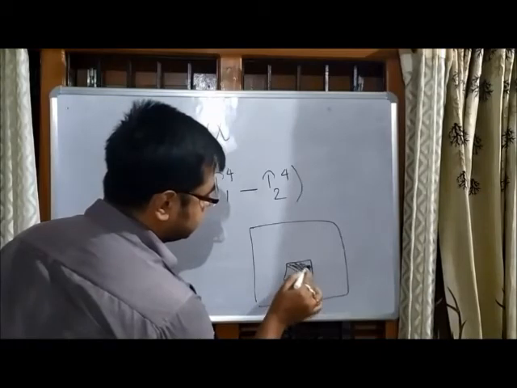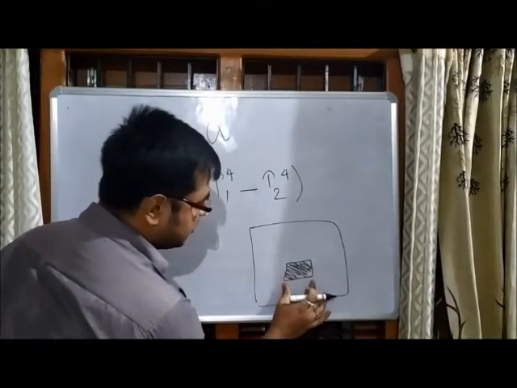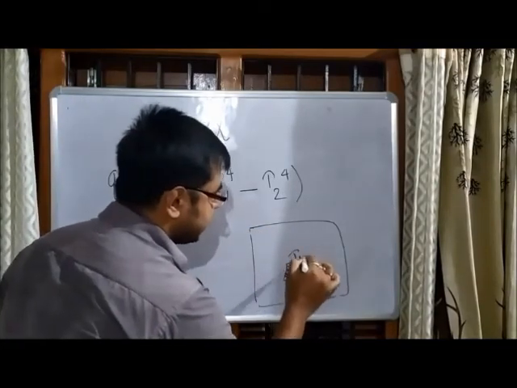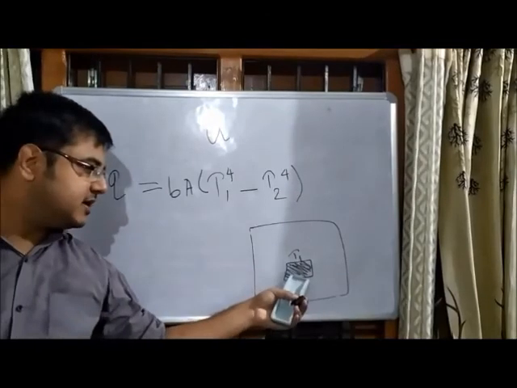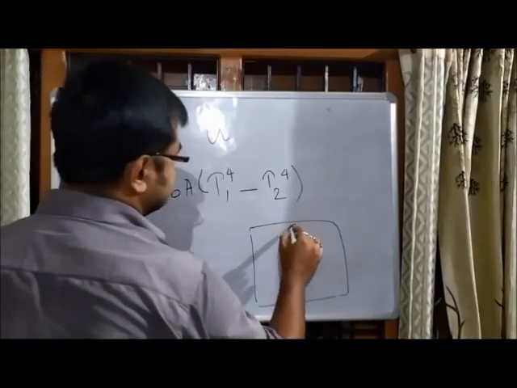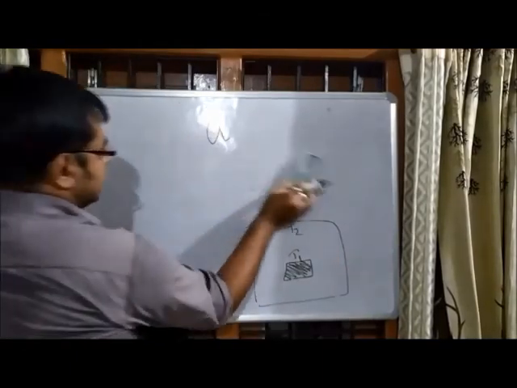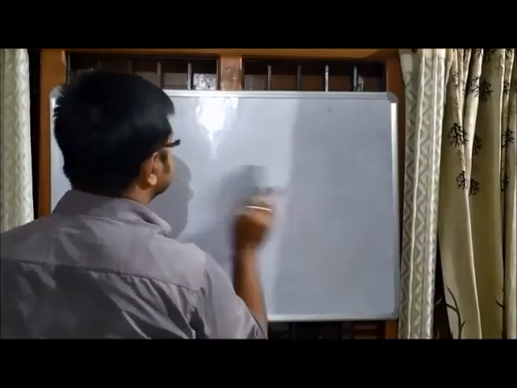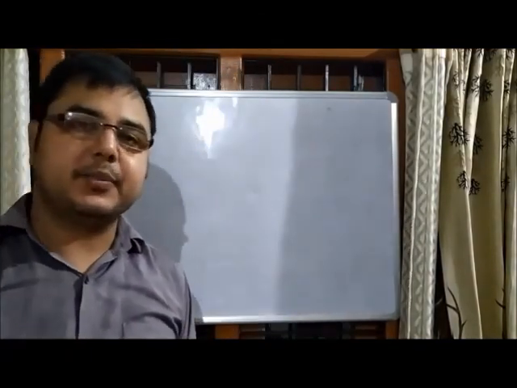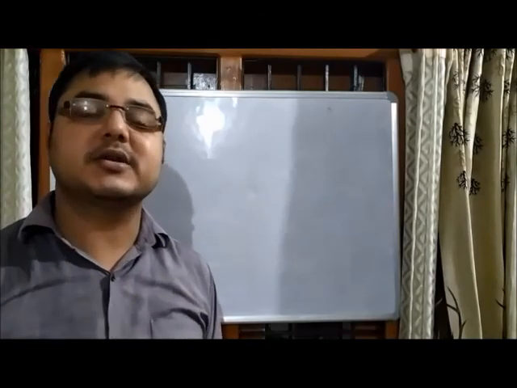The black body, at a higher temperature, is kept within the gray body. The bigger one is the gray body. T1 is the temperature of the black body, and T2 is the temperature of the gray body or the outside. So this is the relationship. I hope this part is clear now. Next, we are going to discuss some of the equipment used in the process of heat exchange for pharmaceutical unit operations.